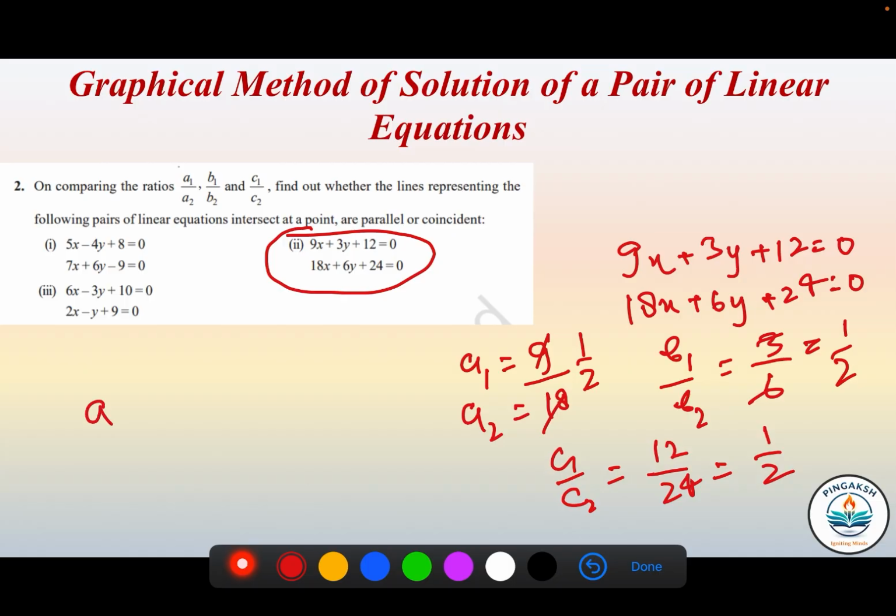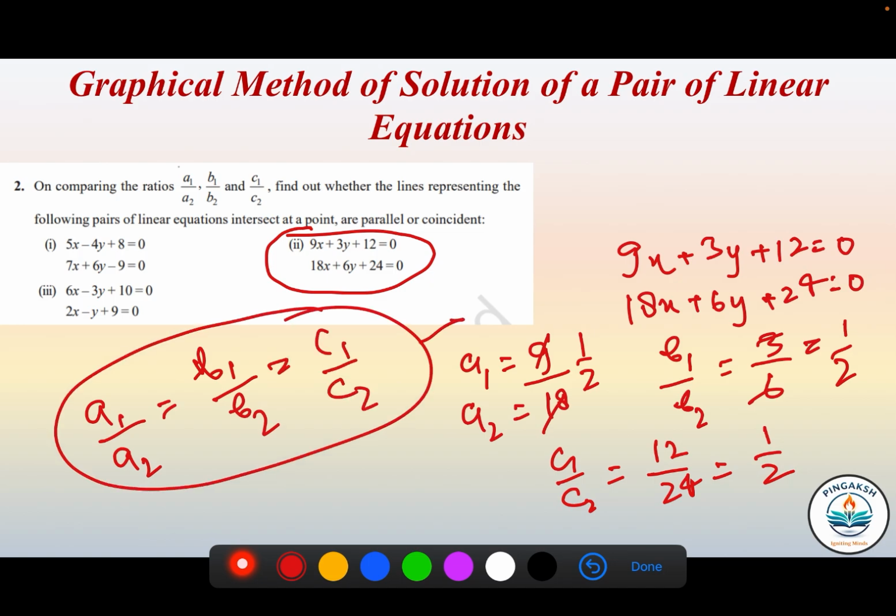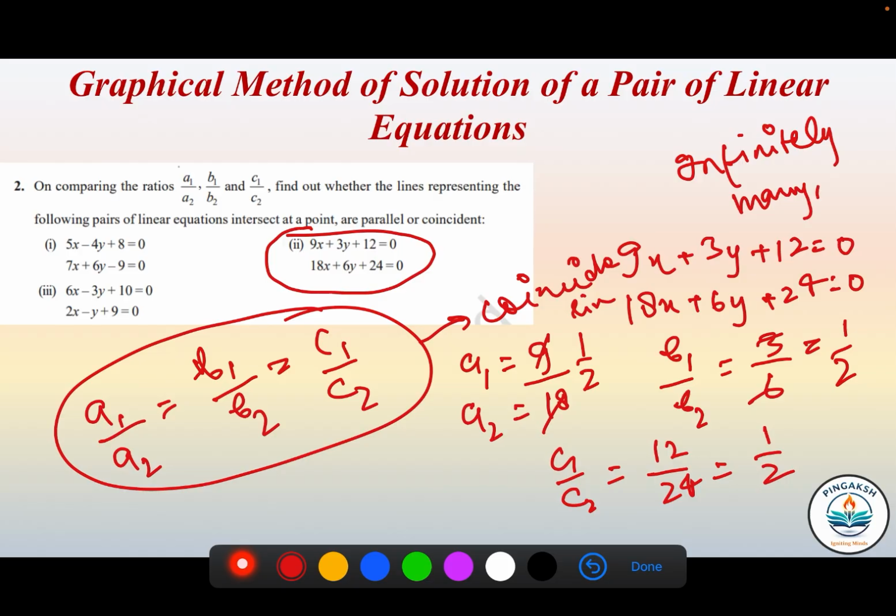So I get the condition a1 by a2 equal to b1 by b2 equal to c1 by c2. This is the condition for coincident lines, that is, they have infinitely many solutions.